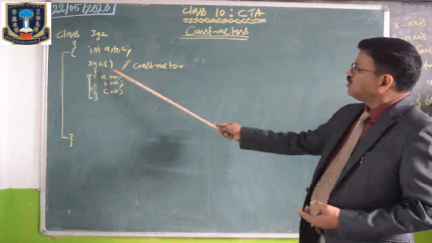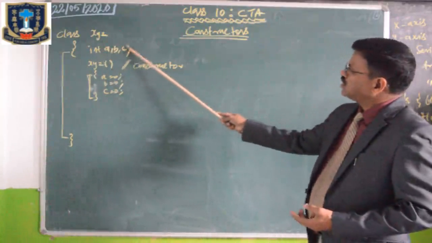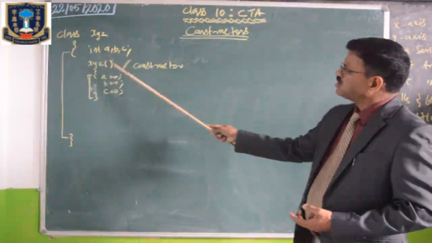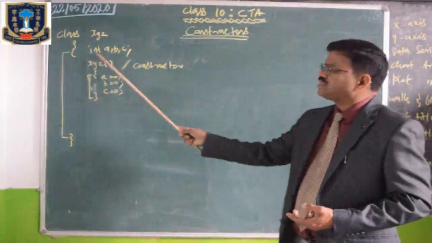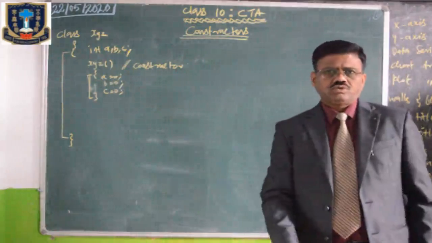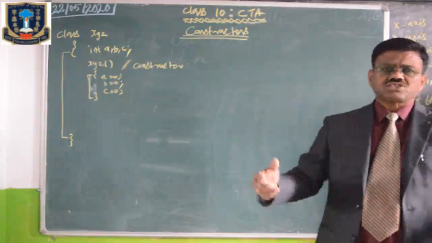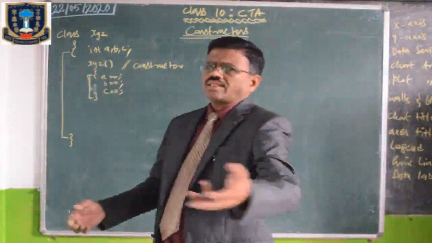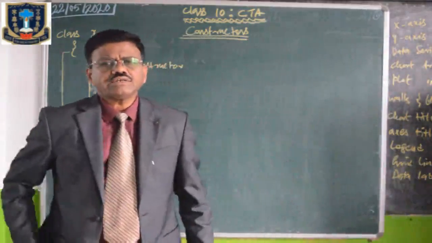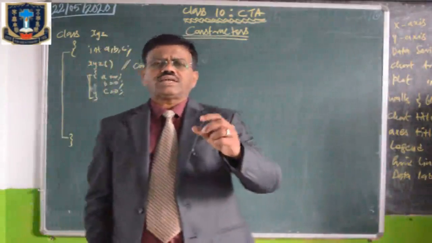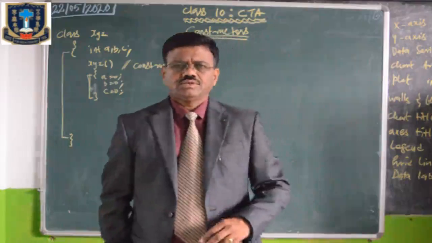All three variables, because they are integers, will be 0. A string contains nothing. A character will not have anything.